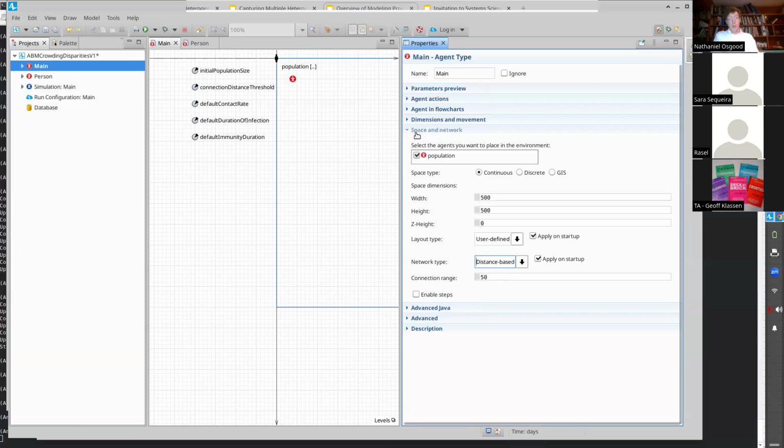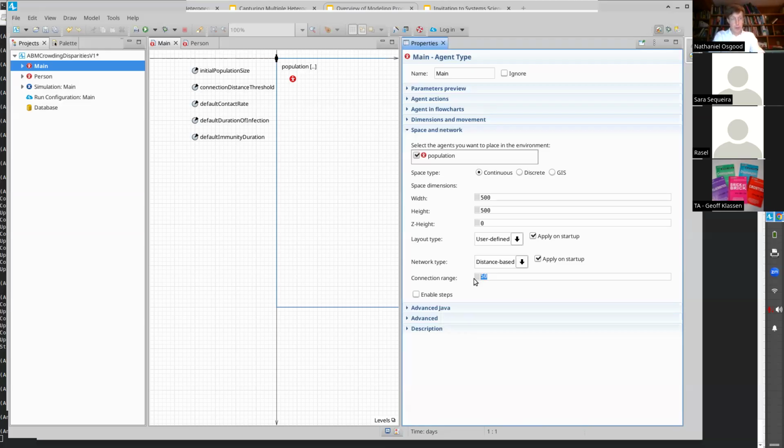Okay, so in the space and network area, you go to network type, and this is a distance-based connection with a connection range. Again, this is the threshold that will determine if two people are connected. A and B will be connected if and only if they lie within this distance in continuous space.